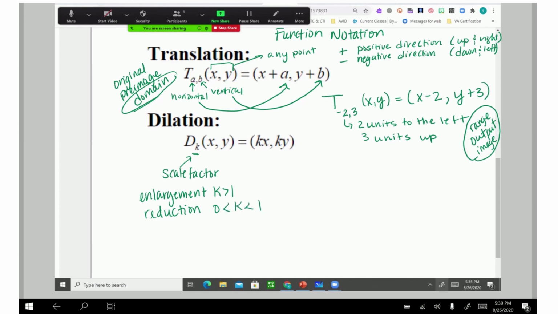An example of a number that is greater than 1 would be 4, 3, 7. A number that's between 0 and 1 would be 1/3, 1/2, say 2/7. Those numbers would be between 0 and 1.